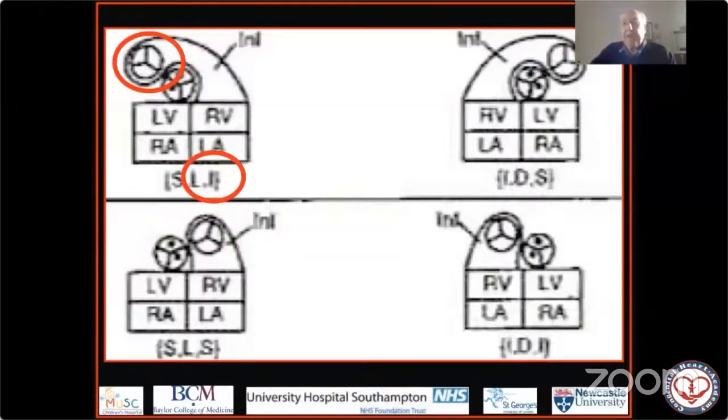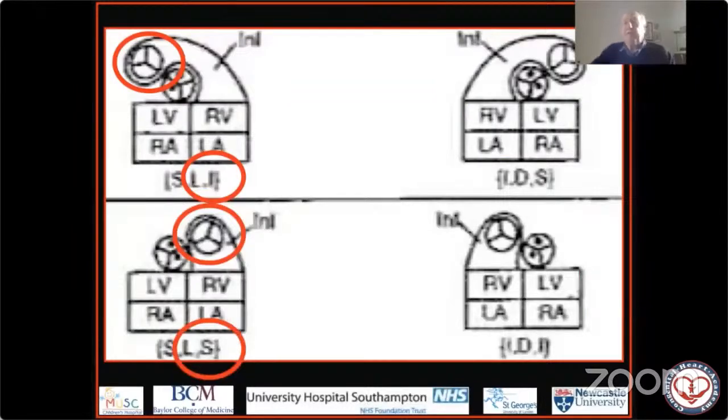Let's now compare that to the subset directly beneath. Because here now again, you see the pulmonary trunk. It's arising from the morphologically right ventricle, but this time, Richard has labeled it as being solitus, and solitus, of course, is the usual arrangement.